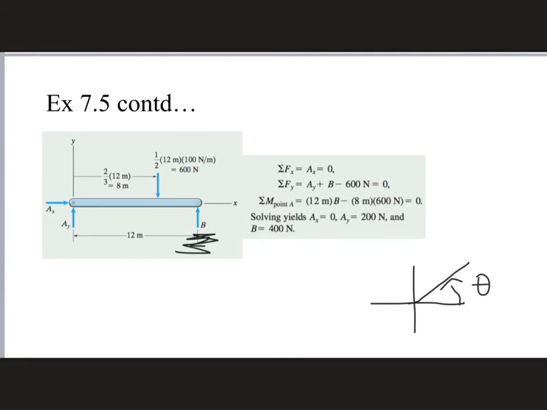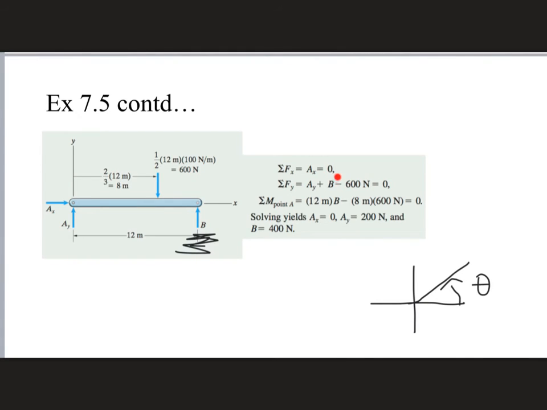And so I would have this torque of 8 meters times 600 newtons, that's the moment arm times the force, that's creating a negative sense of rotation, or a clockwise sense of rotation, and that's why we have a negative sign right there. And so that gives us all of those moments. And of course, as we mentioned, these two guys over here provide no moment about the axis at point A. So I've got this equation and that equation, two equations and two unknowns.